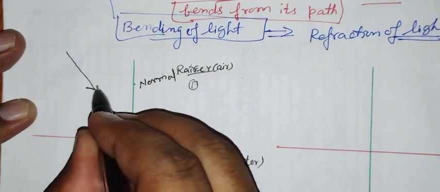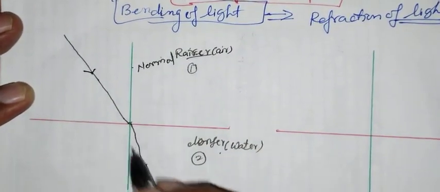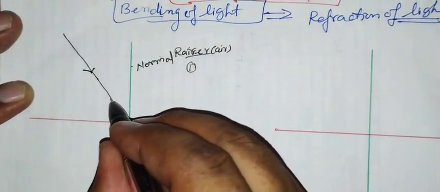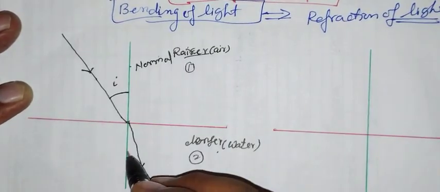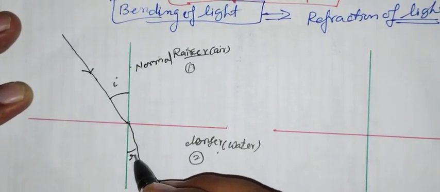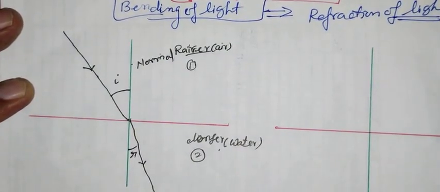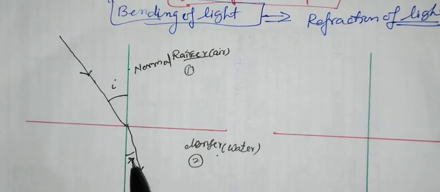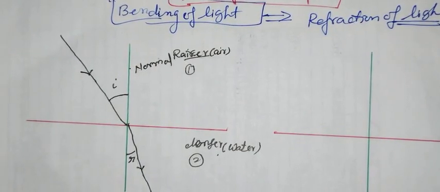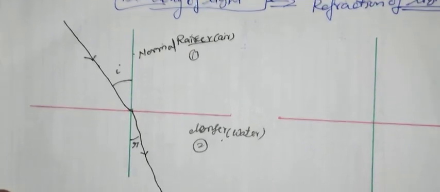This ray of light bends towards the normal, so this is called the incident angle and this is called the refraction angle. Refraction angle is denoted by R, whereas incident angle is denoted by I. This is the experimental observation.